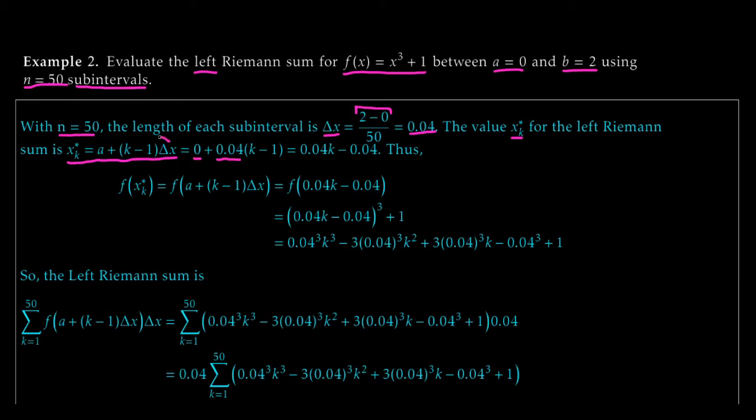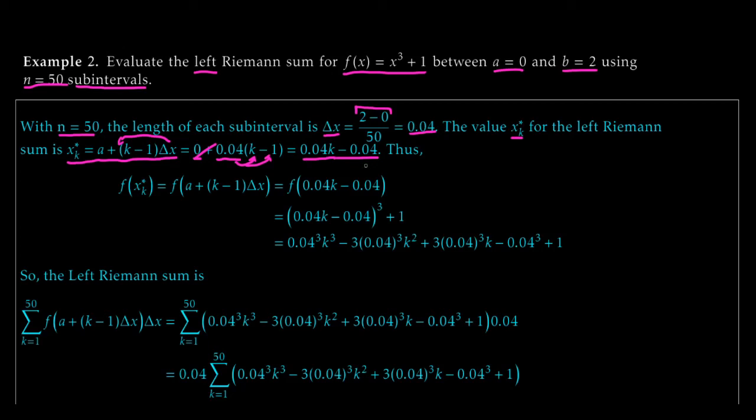I wrote that delta x on the other side just for convenience. Okay, cool. We don't need to write that 0 plus since it's just 0. And let's bring this 0.04 on through. We'll get that xk star is 0.04k minus 0.04. Cool. We've got the length of each interval, and now we've got our xk stars.